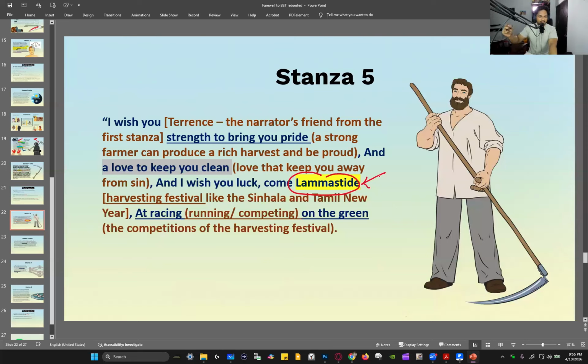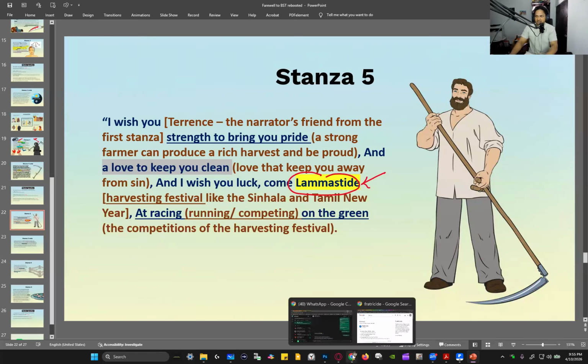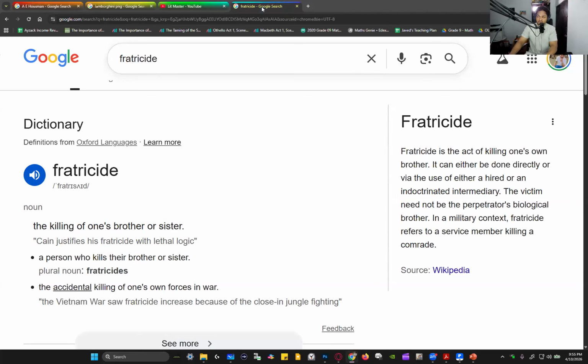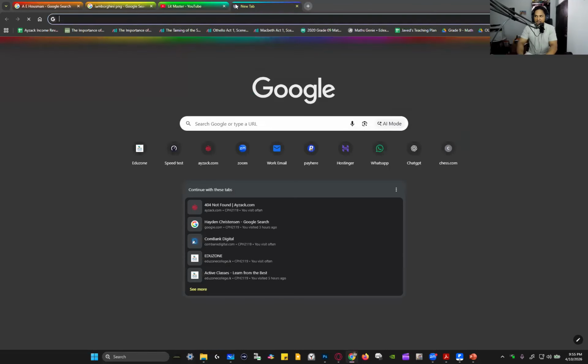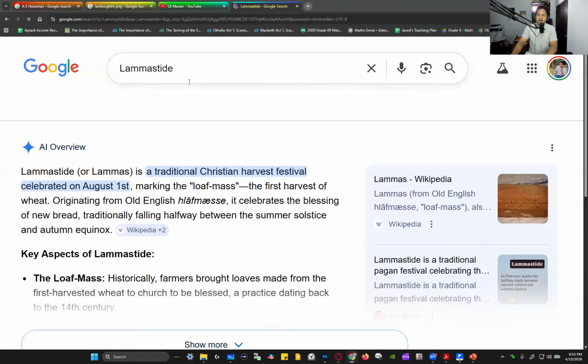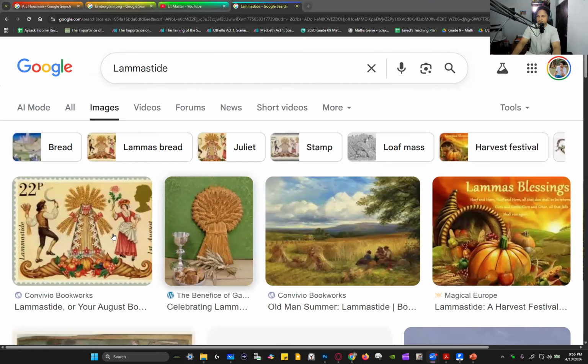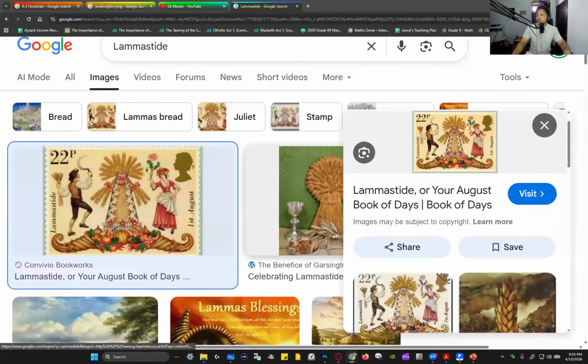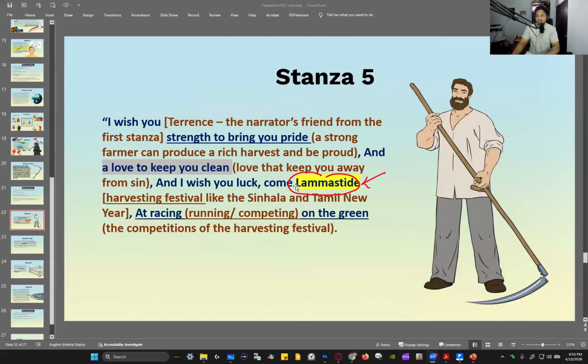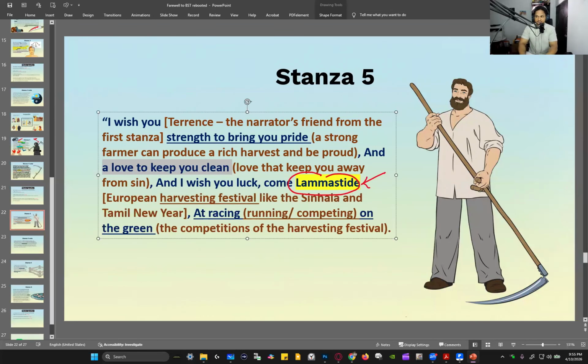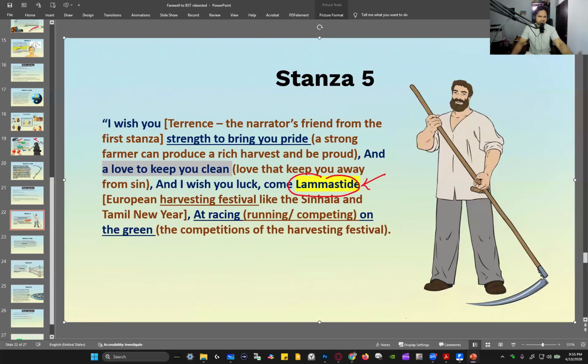Now, can the narrator take part in Lammastide? Lammastide is a harvesting festival. Can the narrator take part in Lammastide? Oh, it's a European harvesting festival, by the way, okay?